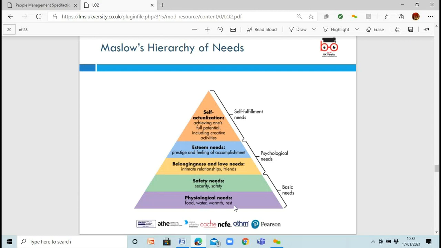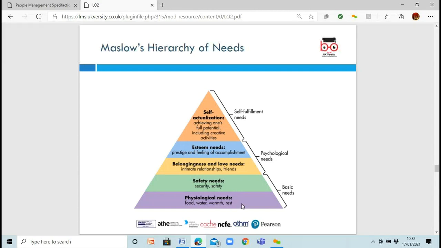So, physiological needs, which are food, water, warmth, and rest. And then safety needs, so security and safety. So like job security, being comfortable with where you are, having a nice warm place to live, food and water.